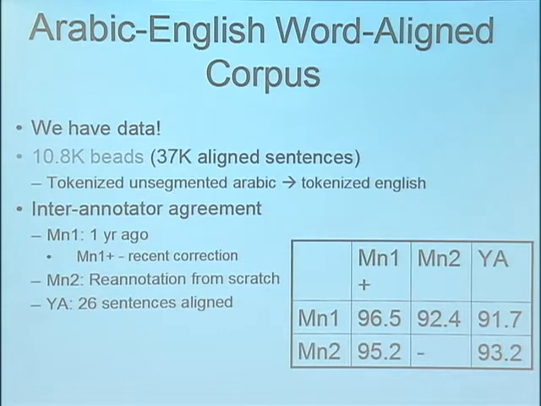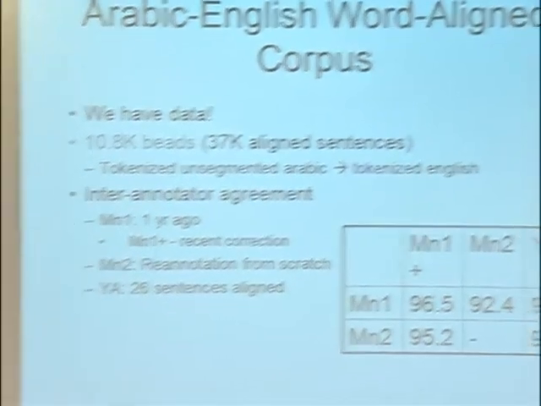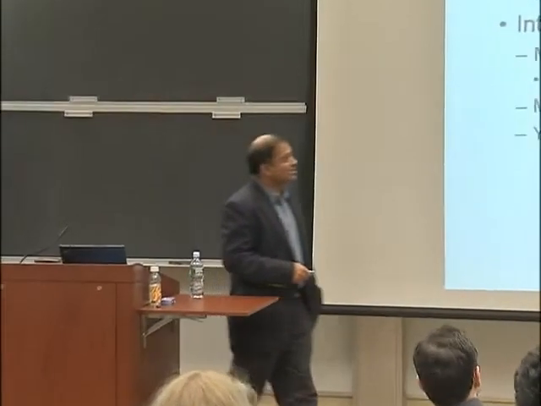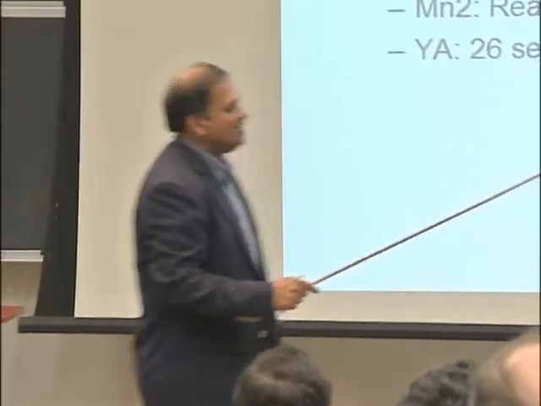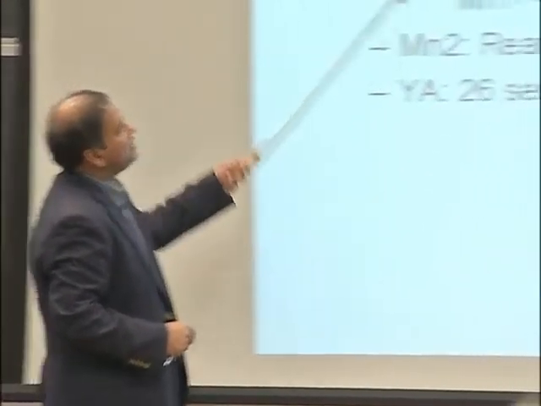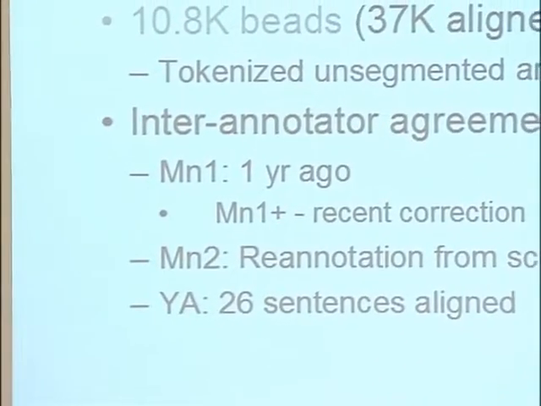These aligned sentence pairs go from tokenized unsegmented Arabic to tokenized English. This is sometimes a problem because once you've done human annotation, if you decide to change something, for example the segmentation of the source, your training data is no longer valid.